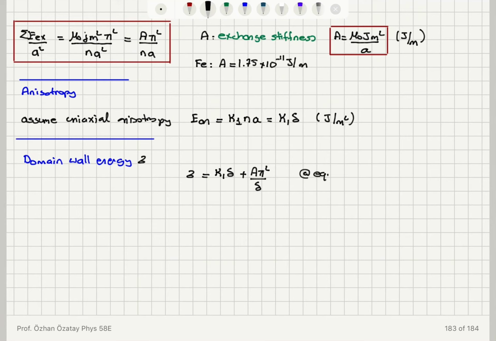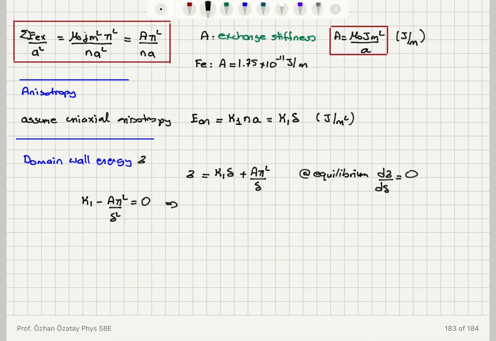And at equilibrium, we should have this energy minimized. So d sigma d delta should be equal to 0. If I take this derivative, I obtain K1 minus A pi squared over delta squared equal to 0.